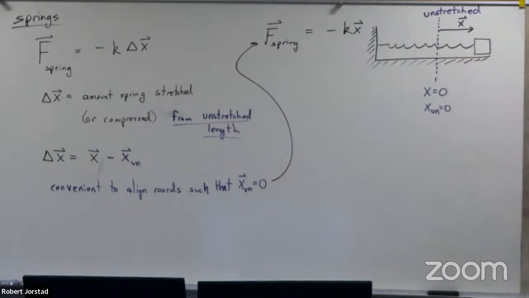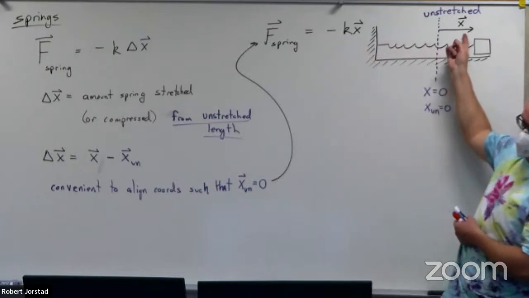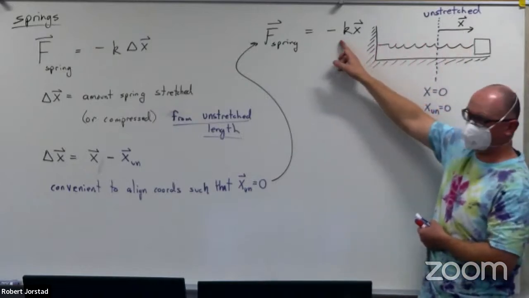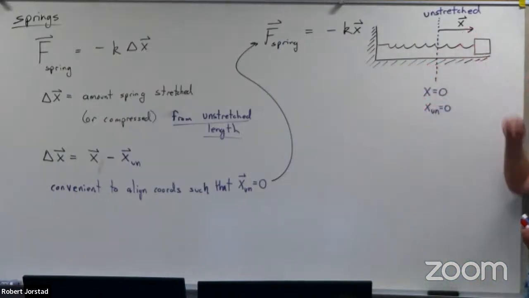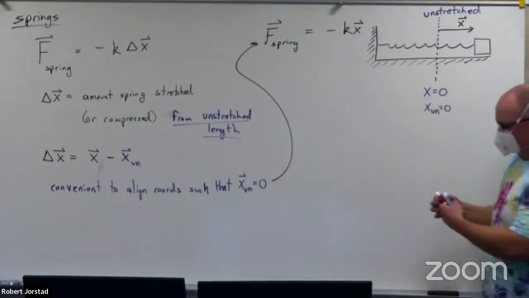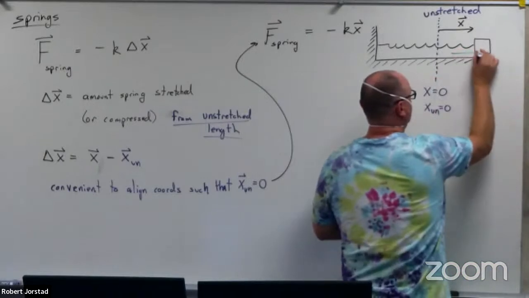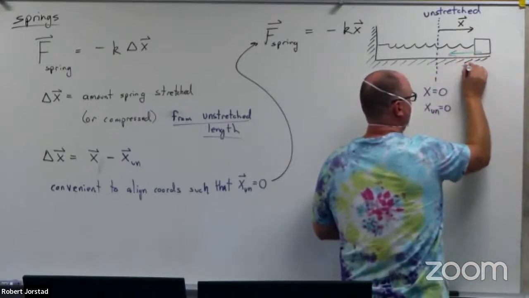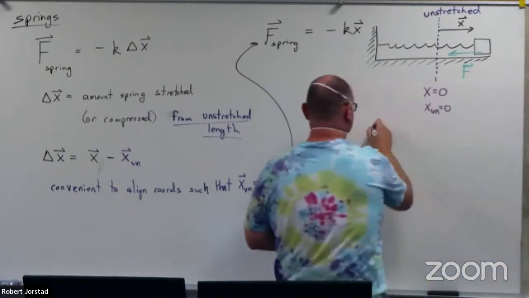Well, look at the force vector. If x is a positive number, what direction is the force? Positive i hat or negative i hat? If x is a positive number, the force is to the left. Well, let's do the other case, which I think is what you were asking about. Give me just a second.